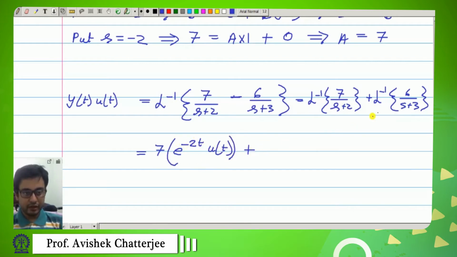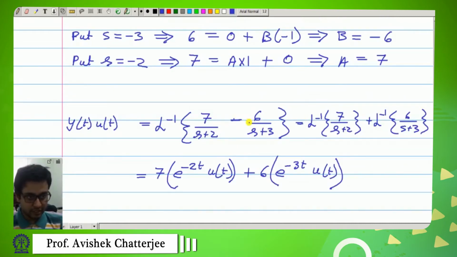In the same way, Laplace inverse of this term is 6 e to the power minus 3t u(t). Here this is minus, so this is minus and this is also minus. Okay, that's the answer.